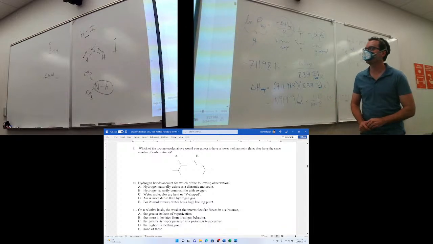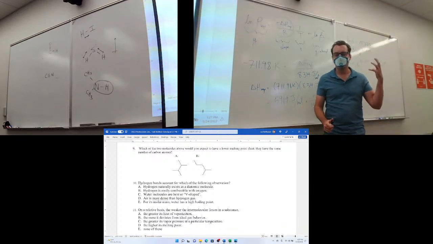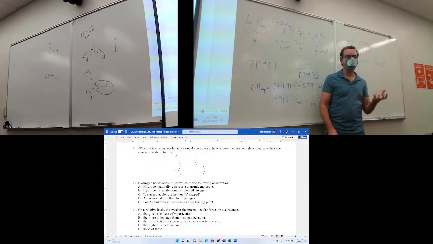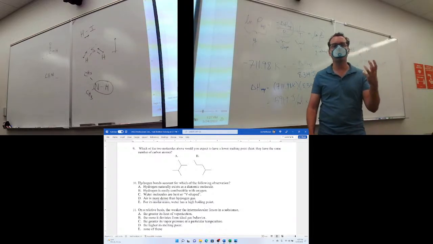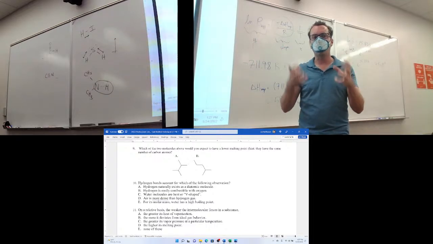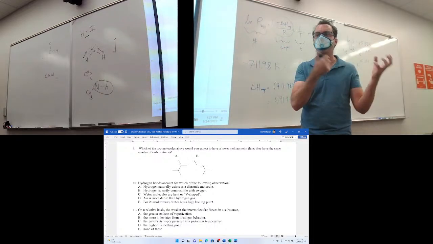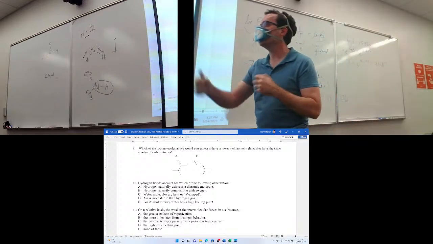Hydrogen bonds account for which of the following observations? So this is really understanding what we mean by hydrogen bonds. We're not talking about the covalent bond between hydrogen and something else. We're talking about the interactions that a strong dipole moment involving hydrogen and oxygen, hydrogen and nitrogen, hydrogen and fluorine make with neighbors.